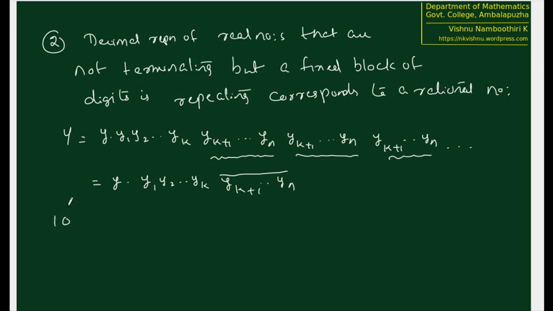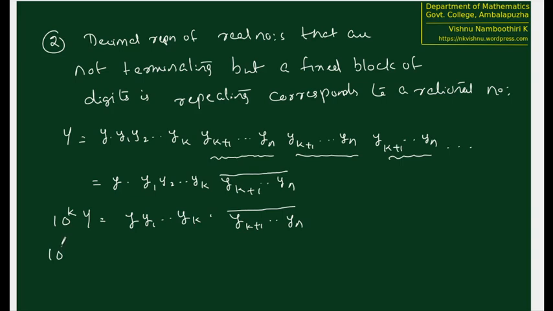So 10 to the power k times Y is equal to y1 etc. yk. Now only the repeating block of digits is remaining on the right side. This is the first expression. Now, as in the previous case, we bring yk plus 1 etc. yn, one block, to the left of the decimal point. For that we need to multiply with 10 to the power n minus k.